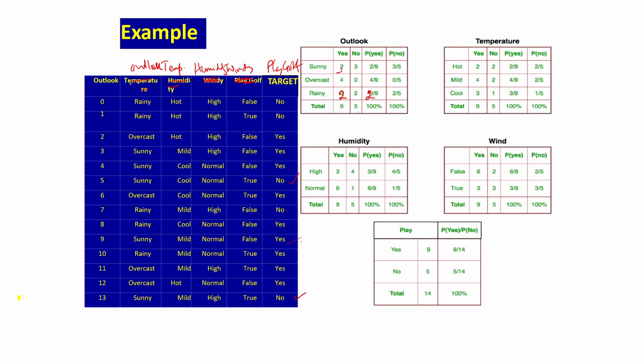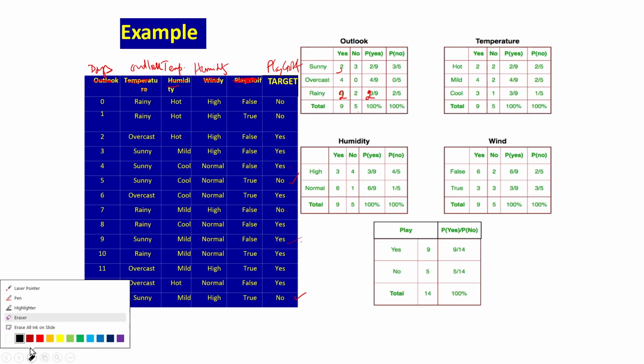Okay, I am sorry about it, please check it. This is your days. Fine. So, that we can easily change. This is your target, this is your humidity, okay, still not clear. This is your wind.